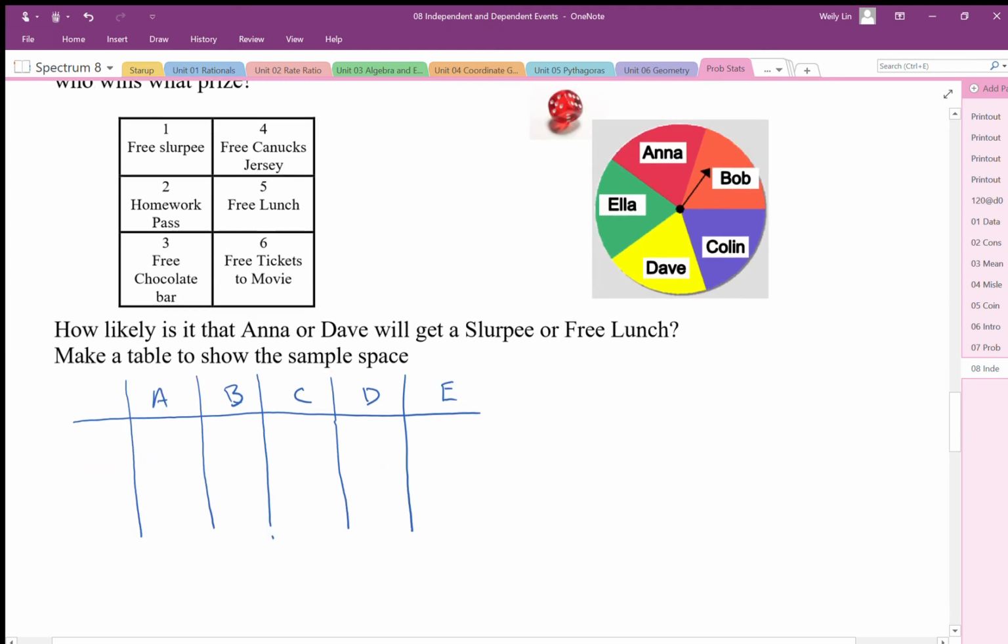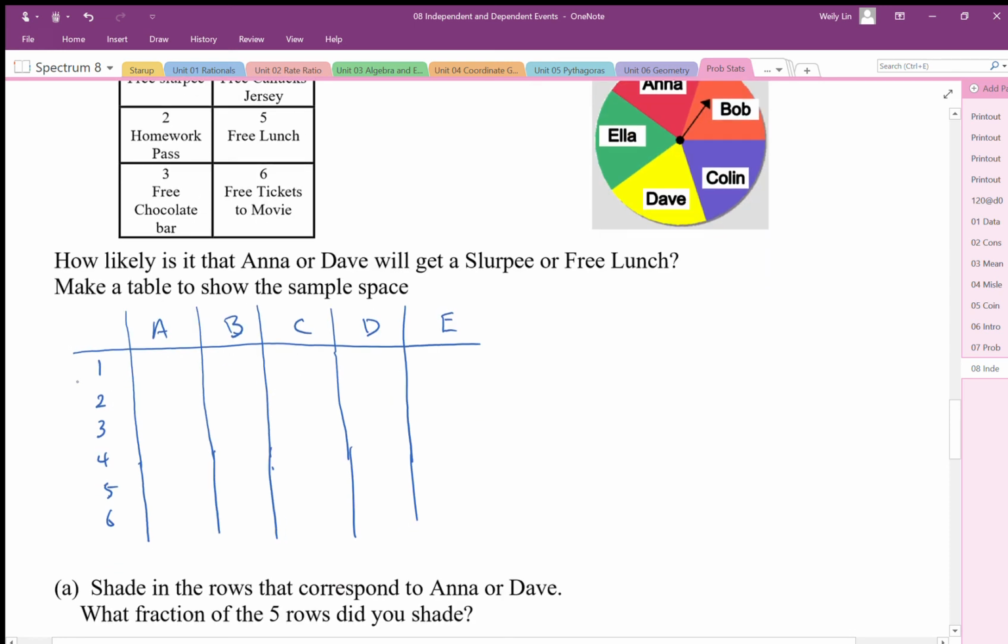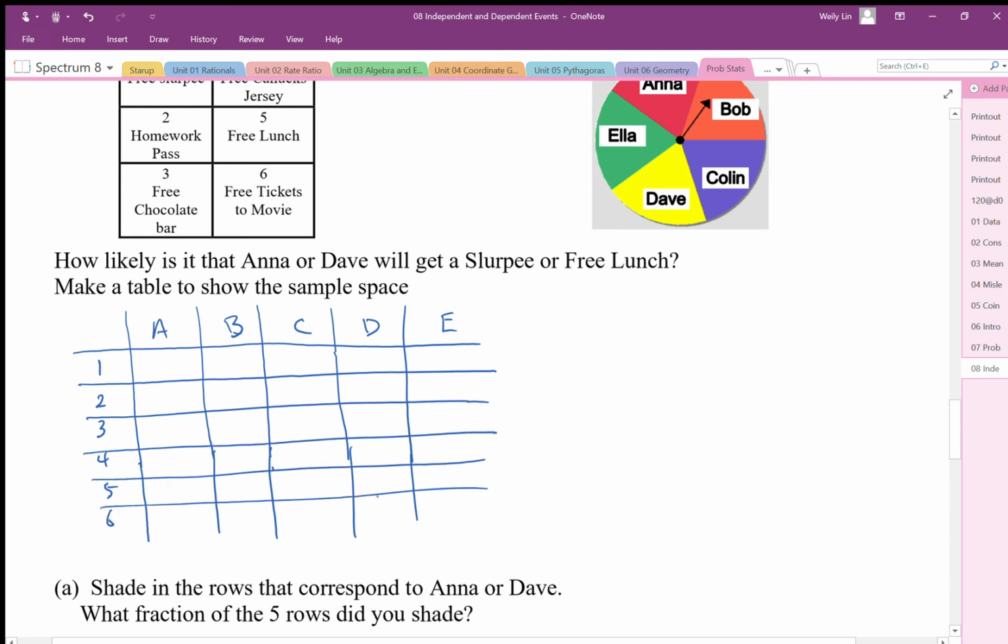So those are the people options. We also have the prize options. I'm just going to do the prizes as 1, 2, 3, 4, 5, and 6. So there are 30 elements in our sample space here.